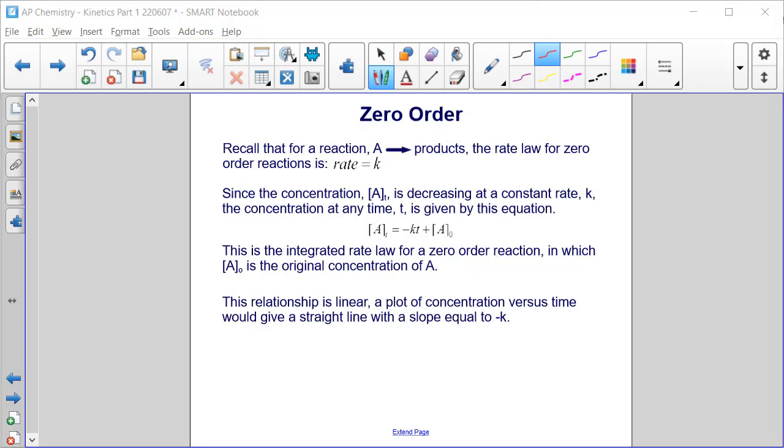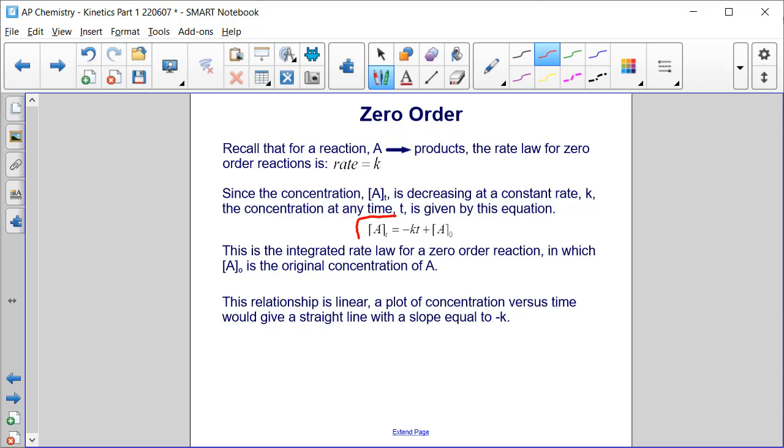Let's begin with a 0 order reaction. Recall that for a reaction where reactant A produces products, the rate law for a 0 order reaction is rate equals k. Since the concentration of reactant A at some time t is decreasing at a constant rate equal to k, the concentration at any time t can be given by this equation.